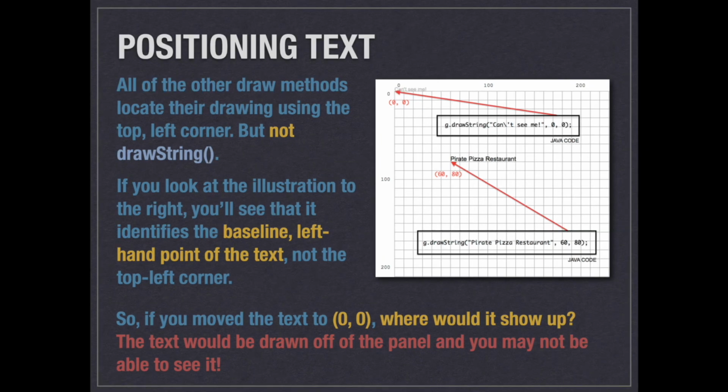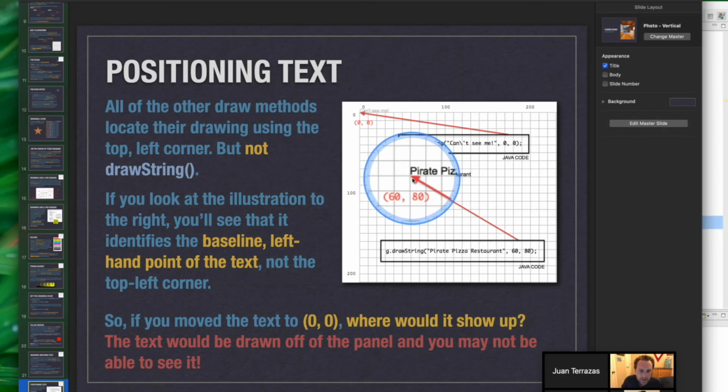The thing is, you might have picked up on this, that's not the top left corner of the text. Everything else we draw, the location is the top left corner. Not with Java text. It is the very leftmost pixel, and it is the line that you would draw if you were underlining it. It's not the bottom, technically, because any letters that descend would descend below 80.